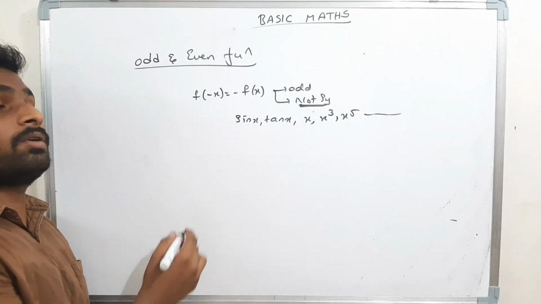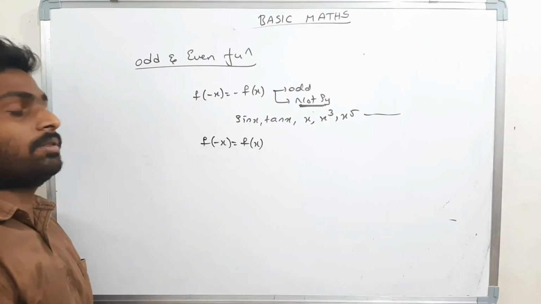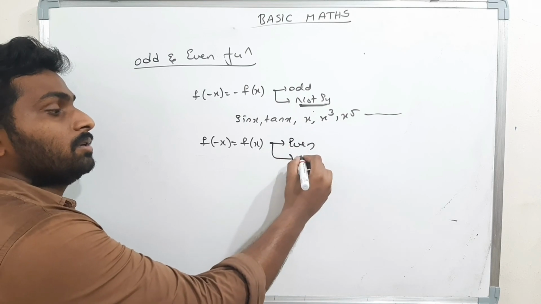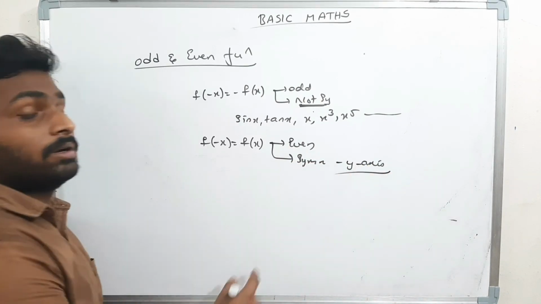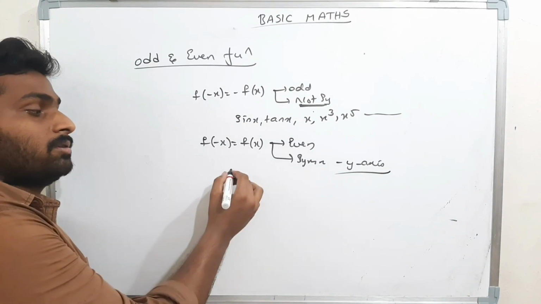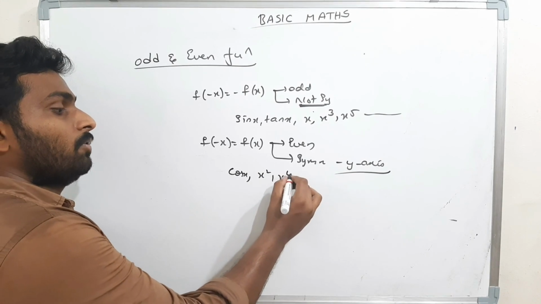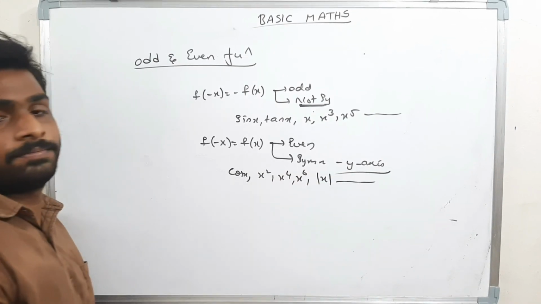When it comes to an even function, what is an even function? f of minus x is equal to f of x. When this is satisfied, then it is an even function. It is symmetric along the y-axis. This is important. The graph is symmetric along the y-axis. What are the examples? Cos x, then x square, x power 4, x power 6, mod x, and so on.